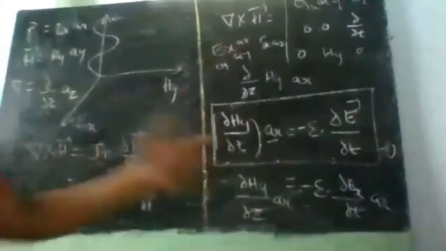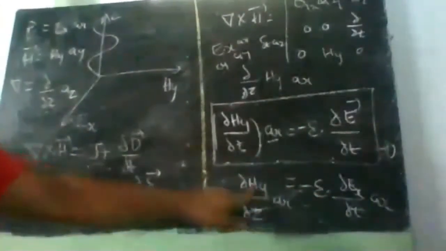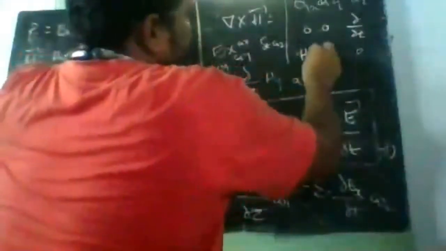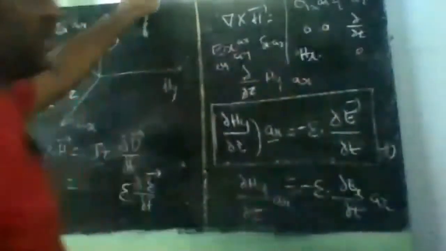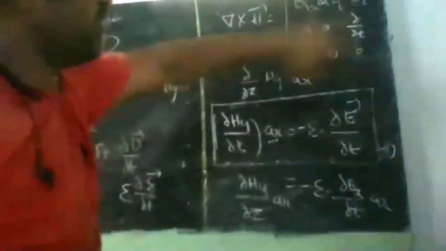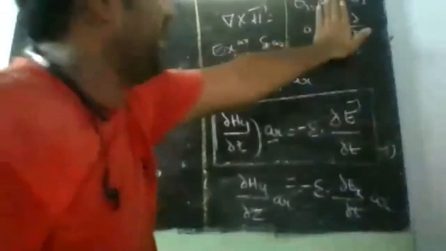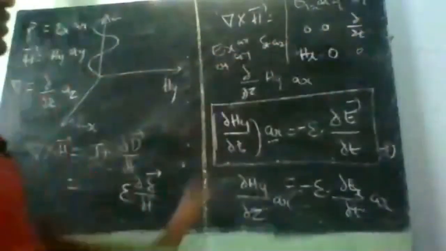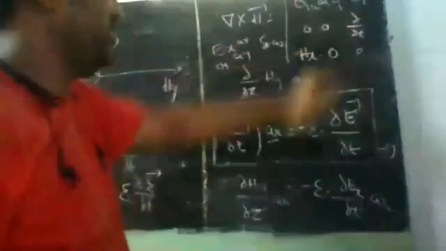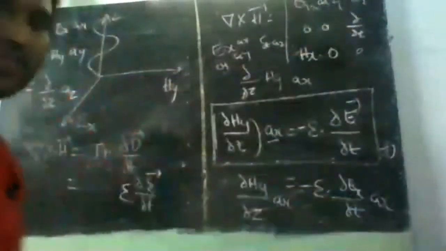If I take the H bar direction along the x axis, let's say Hx, then if you evaluate the cross product, the ax term will be 0, but the ay term will come. So when I am equating the ay term, I get Ey. Understood?